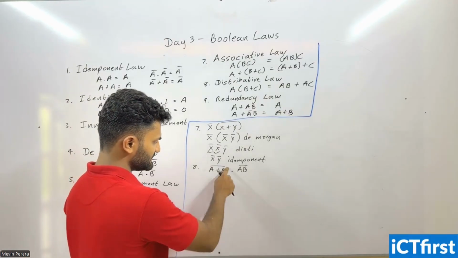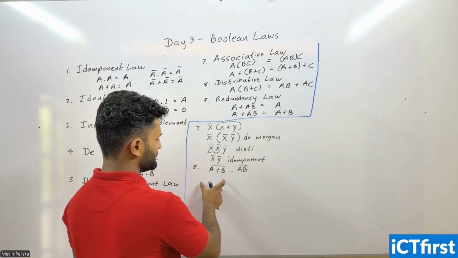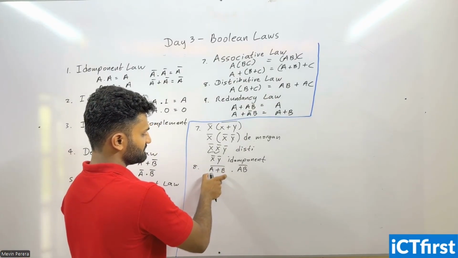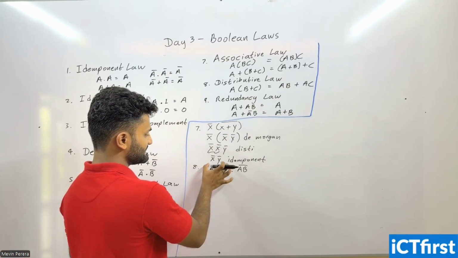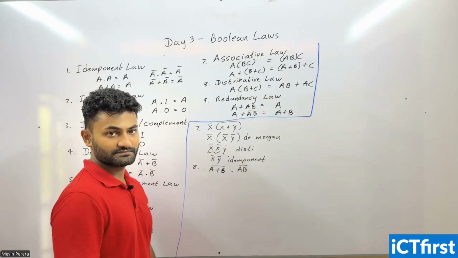Some students multiply them with each other as soon as they see this. It doesn't work like that. The bar is added to the whole thing, right? So this is a separate individual and this is another separate individual.